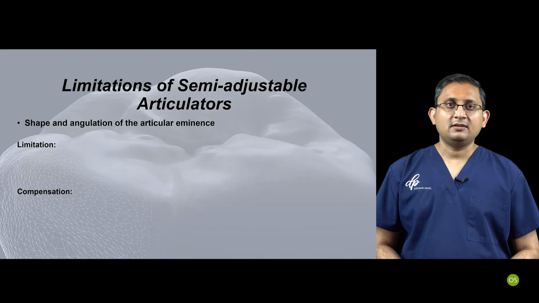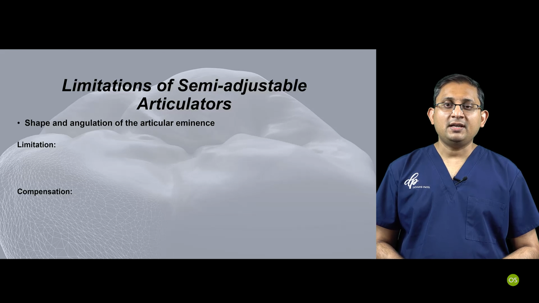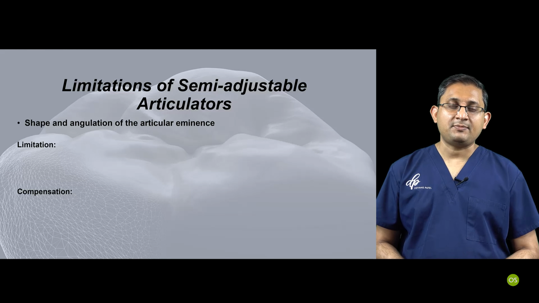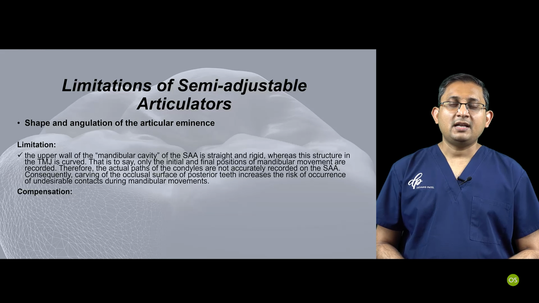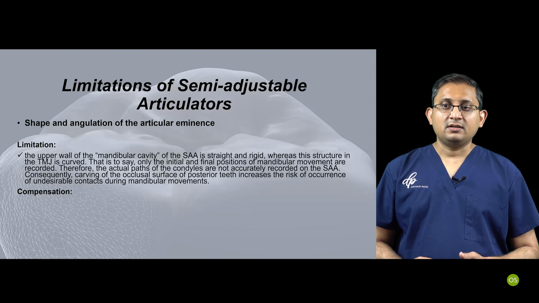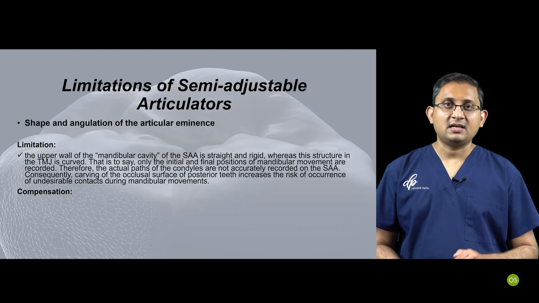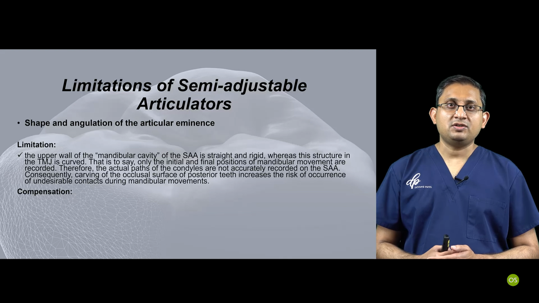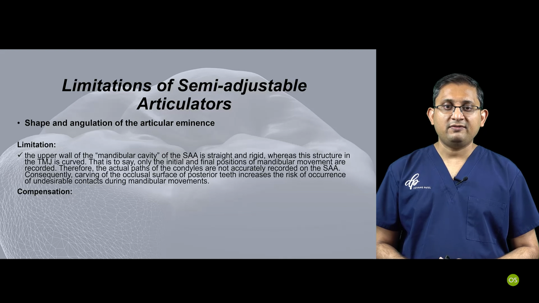So let's look at one of the first limitations, which is the shape and angulation of the articular eminence is not exact in a semi-adjustable articulator. Because of that, you won't be able to accurately reproduce the movement of the condyle in the patient's mouth onto the semi-adjustable articulator, because the eminence is curved, whereas in a semi-adjustable articulator it is very flat.